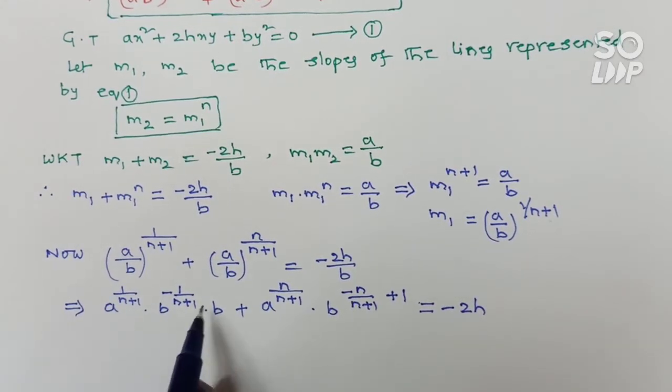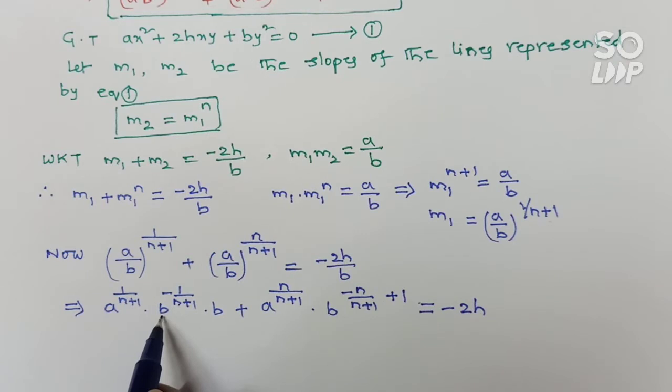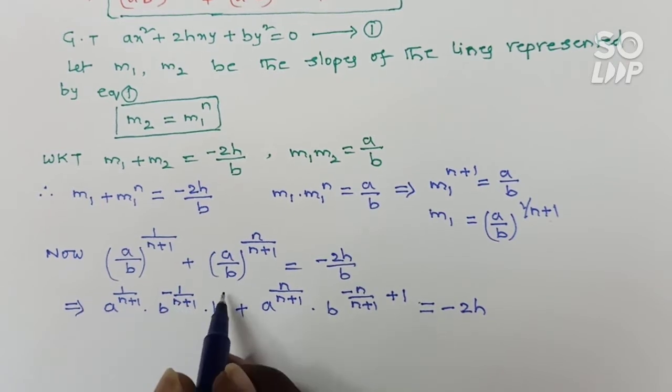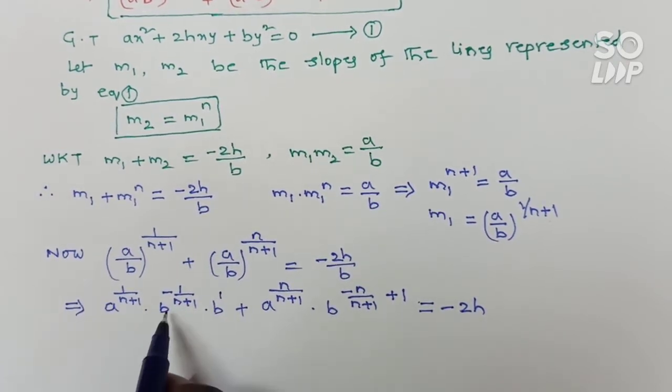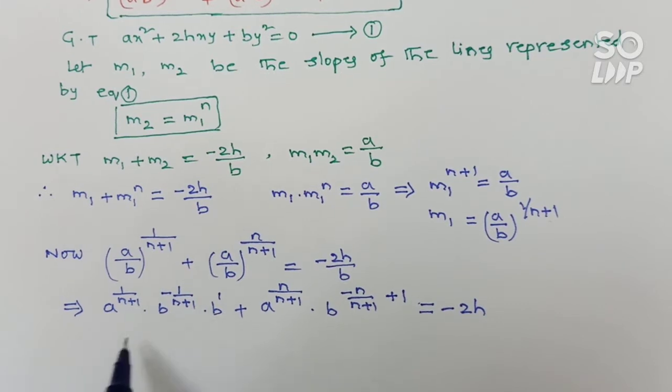Here this value will be b power minus 1 by n plus 1 into b. Bases are equal, so powers will be added.